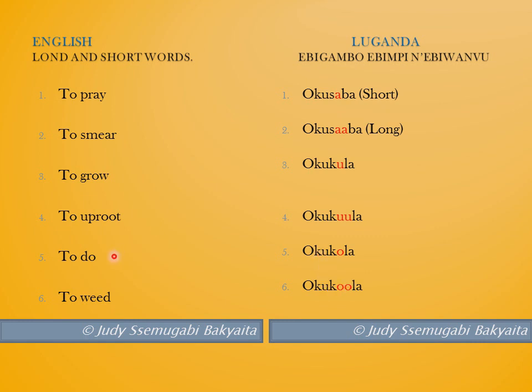Okukola, to do. Okukoola, to weed. So the meaning changes completely when you use a single vowel. It means something else, and when you add another vowel, you make it longer, it means something else.